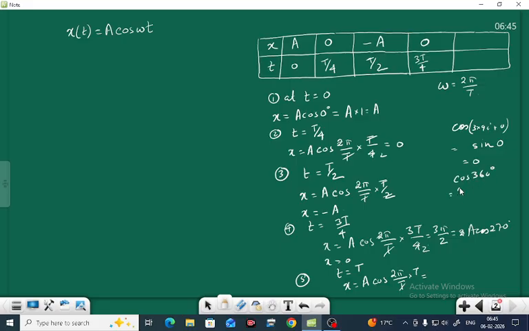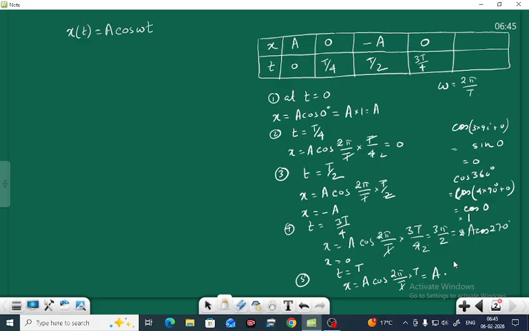You can write cos 360 as 4 into 90 plus 0. So it is cos 0, and it is in the fourth quadrant or first quadrant, so it is positive. Cos 0 is 1, so we are getting the value A, right? What is A? It is the amplitude.